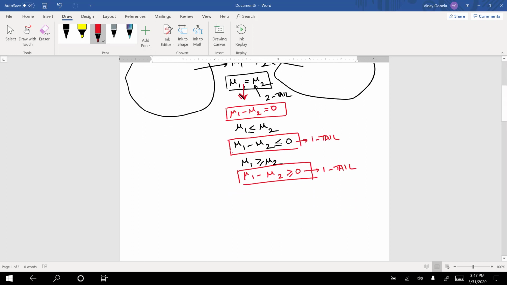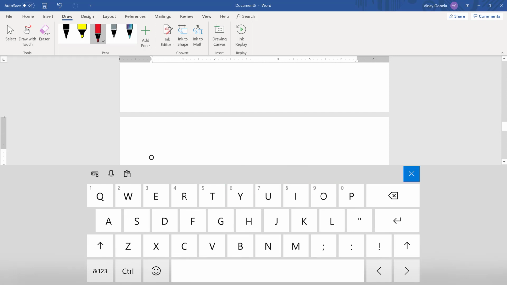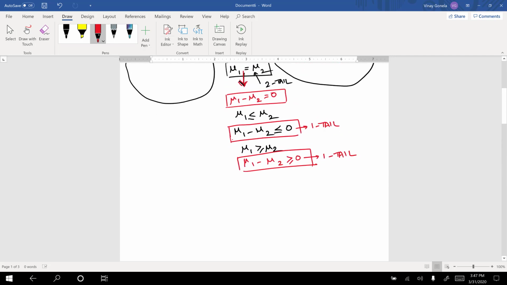So based on these three, we can develop a hypothesis. Let me write the first step of hypothesis testing. The first step is to define the hypothesis. So three different hypotheses can happen.